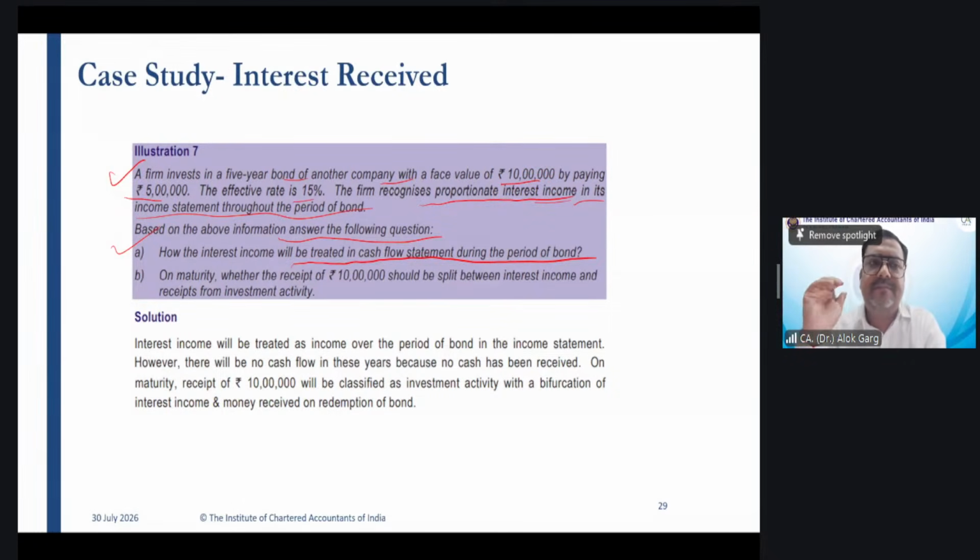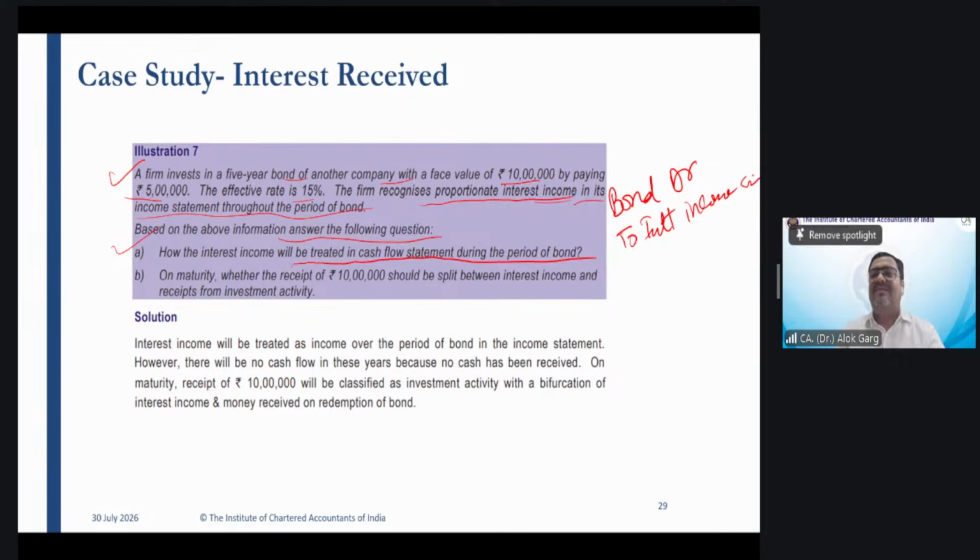Answer the question. So friends, in the first year, the company has invested 5 lakh rupee. The company will get 10 lakh rupee. So every year the company passes the entry: bond investment account debit, interest income credit.